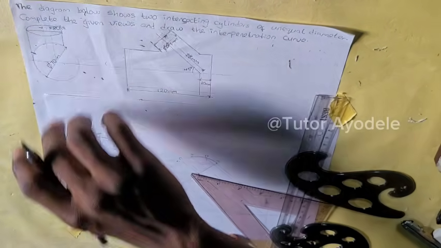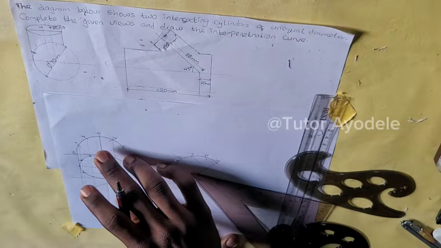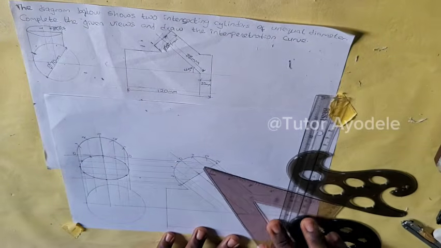So, as this is the ellipse given to us, and it's the view we are supposed to draw.